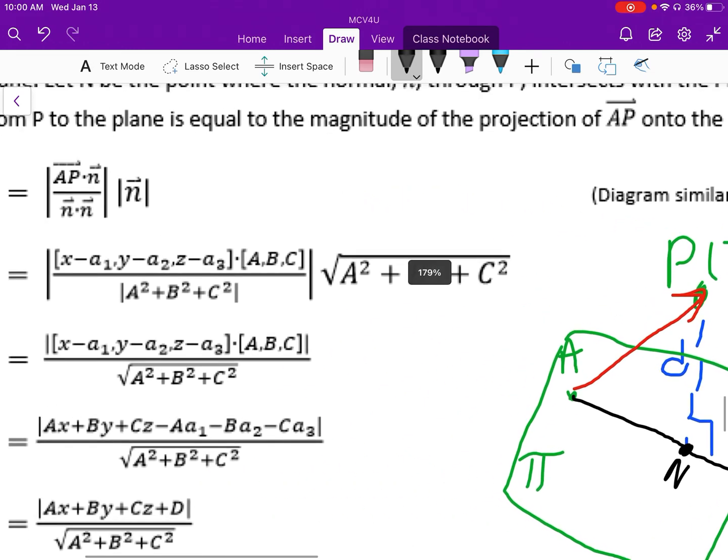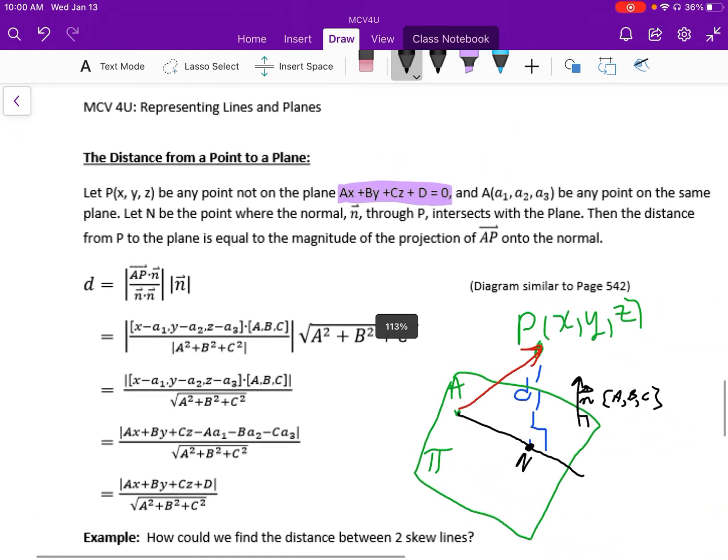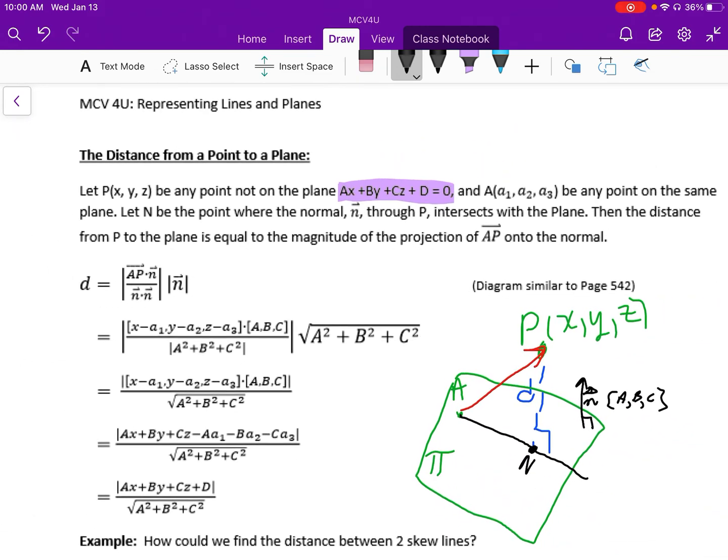Because it's the same setup, we're still using the projection. So we want the magnitude of the projection of AP onto the normal. And again, you can go back to the line and see how that works out. It's the same thing here.